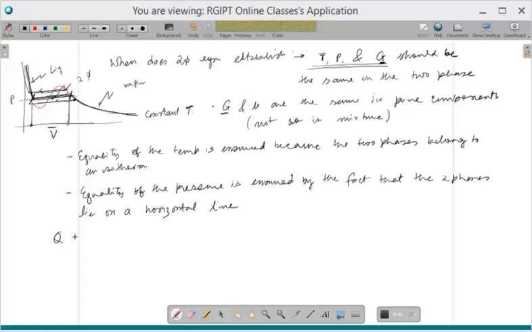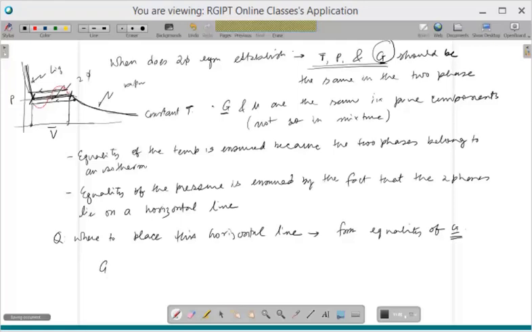The question is where to place this horizontal line, at what pressure. That question is answered by the third equality, the equality of G under bar. So if you write this down, G under bar in the liquid phase is the same as G under bar in the vapor phase.